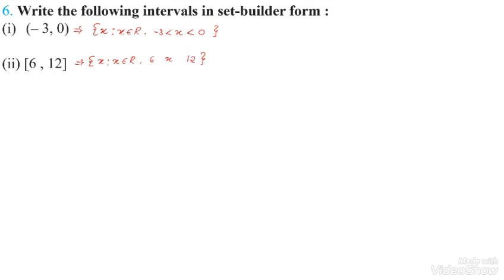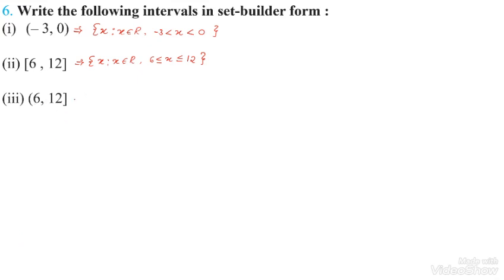Here there is a closed interval. Closed interval means we have to mention less than or equal to. If there is a closed interval, we have to write the less than or equal to condition.